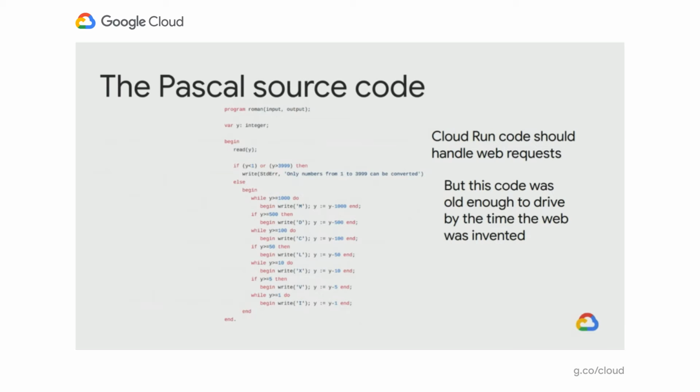That's because this code was old enough to drive before the web was invented. This code was written in 1974. Tim Berners-Lee told the world about the web in around 1990. So, not surprising that 1974 software doesn't handle web requests. Instead, it handles requests from standard input and it sends the answers out to standard output. We're going to keep it that way and we're going to let the rest of our runtime environment handle that for us.